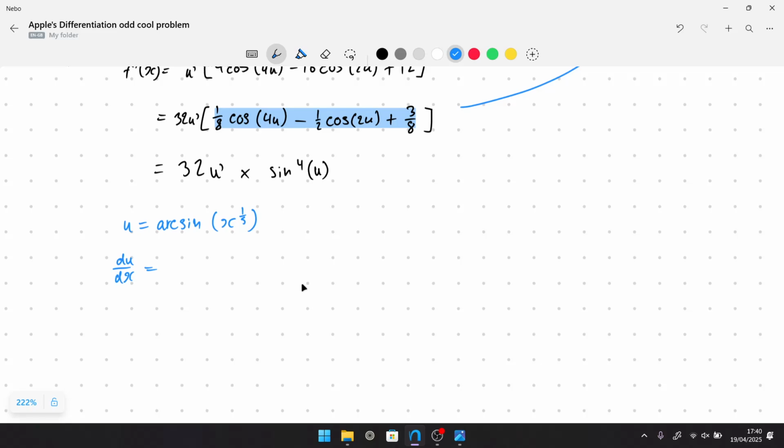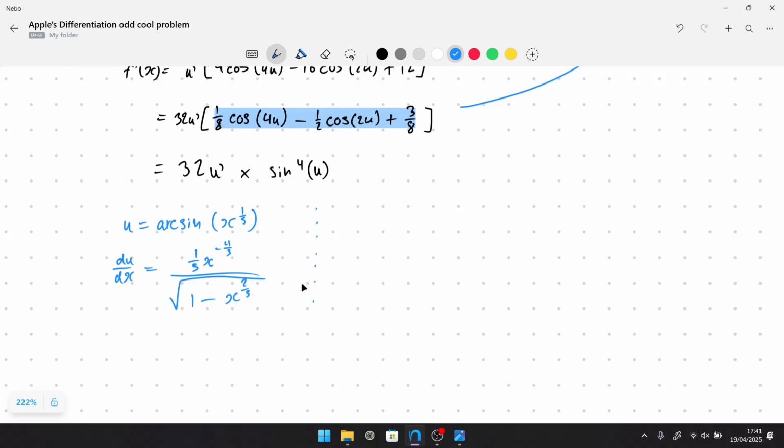I'm just going to use the formula booklet because I have that memorized. It's going to be 1/5 x to the 1 minus 1 over 5, which is minus 4 over 5, over the square root of 1 minus x squared, that'd be 1 minus x to the 2 over 5. I hope. I'm just going along with the flow for this.